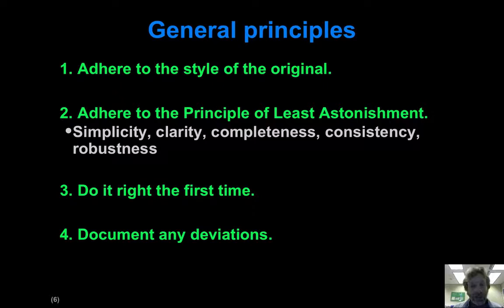Okay, so there are some general principles, which are just general principles for development in general. That's why they're called general principles. I like the principle of least astonishment, which means you want things to be simple, clear, complete, and consistent. Try to do things right the first time, and that refers to not writing the whole system and then adding comments, or not writing the whole system and then adding tests.